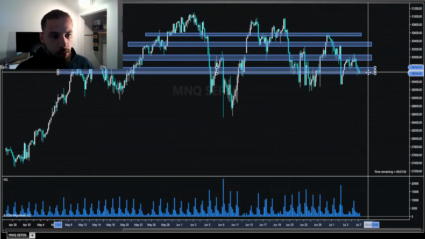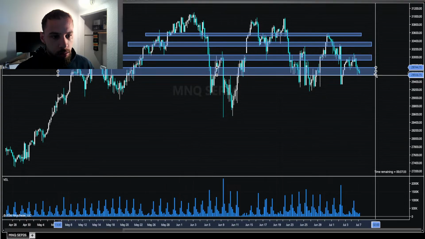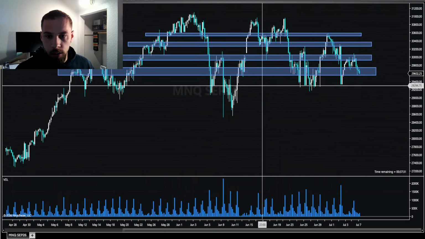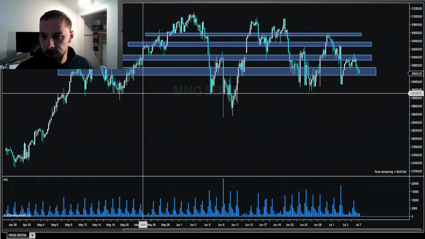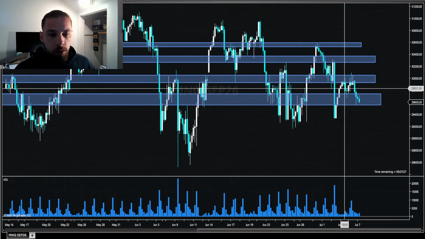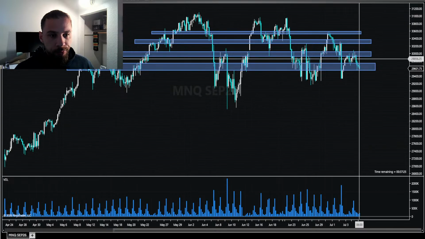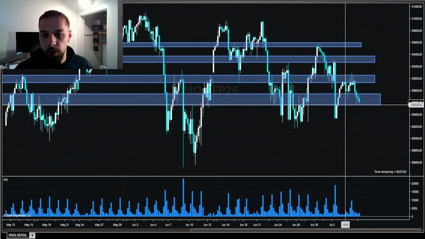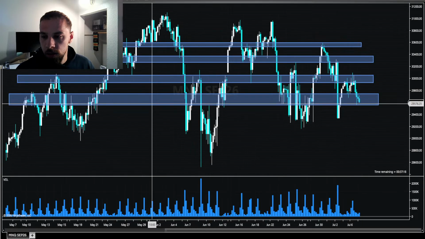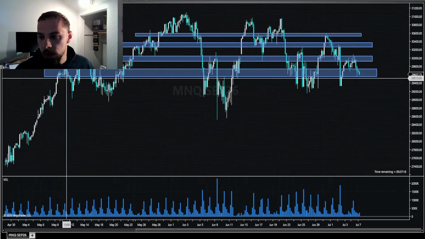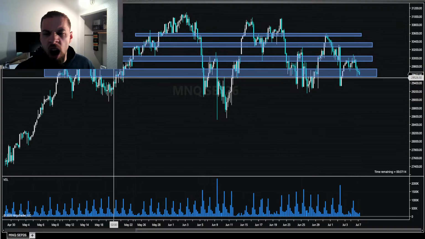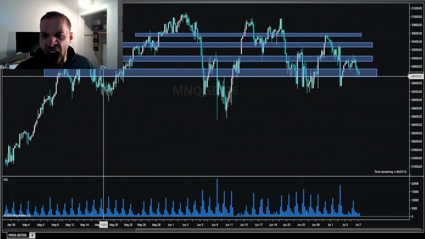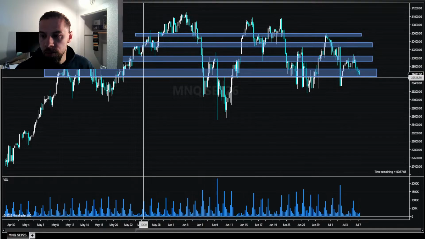Make this a little bigger, actually. About right there should do. So right now, currently price is testing the low of the box that we drew a while back. So we'll see if price can move away from this level.